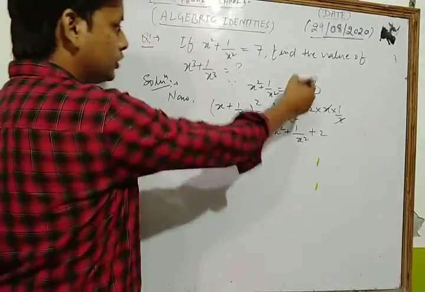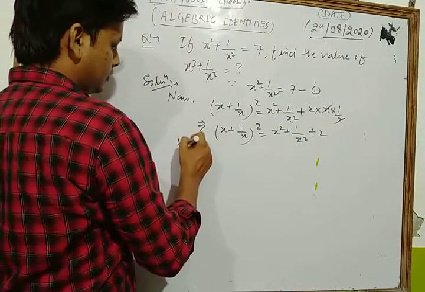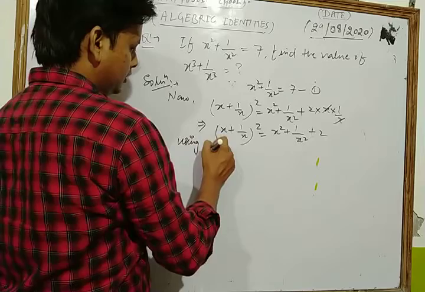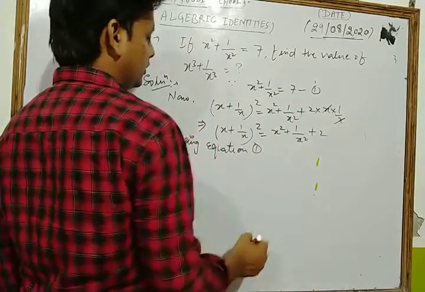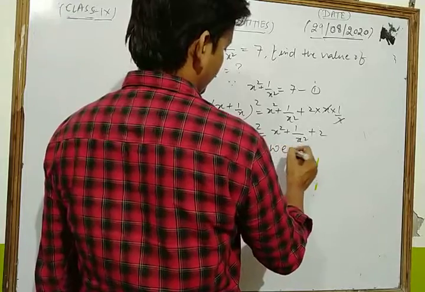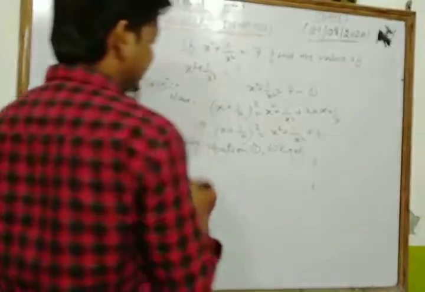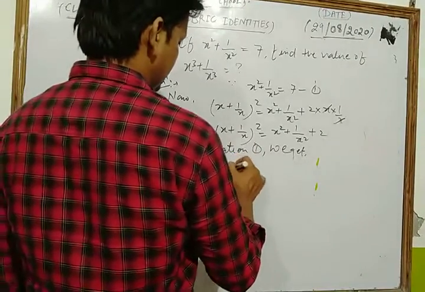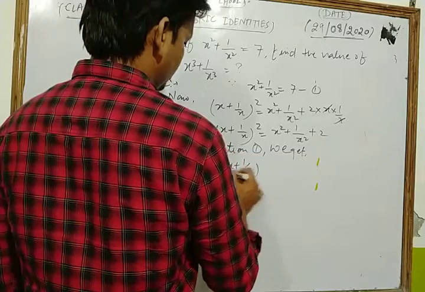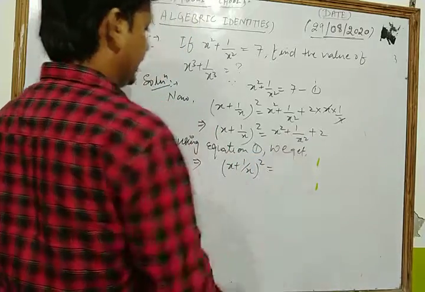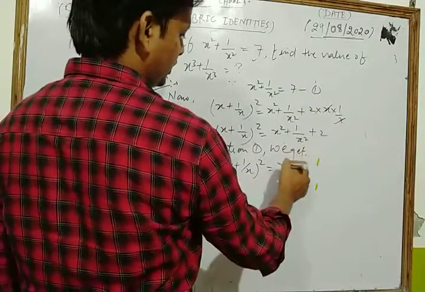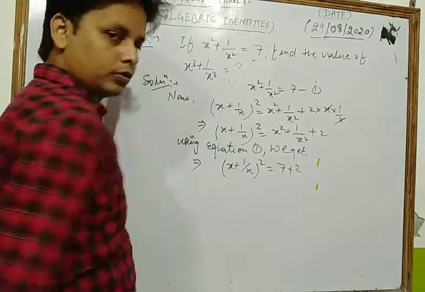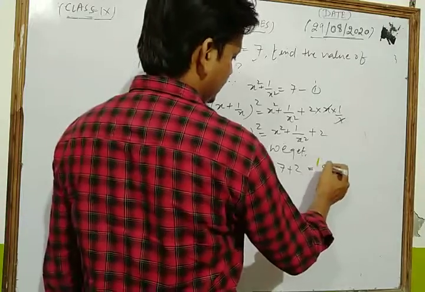Okay, now using equation 1, we get (x plus 1 upon x) whole square is equal to, the value of x square plus 1 upon x square is 7, so we put 7 plus 2, which is equal to 9.